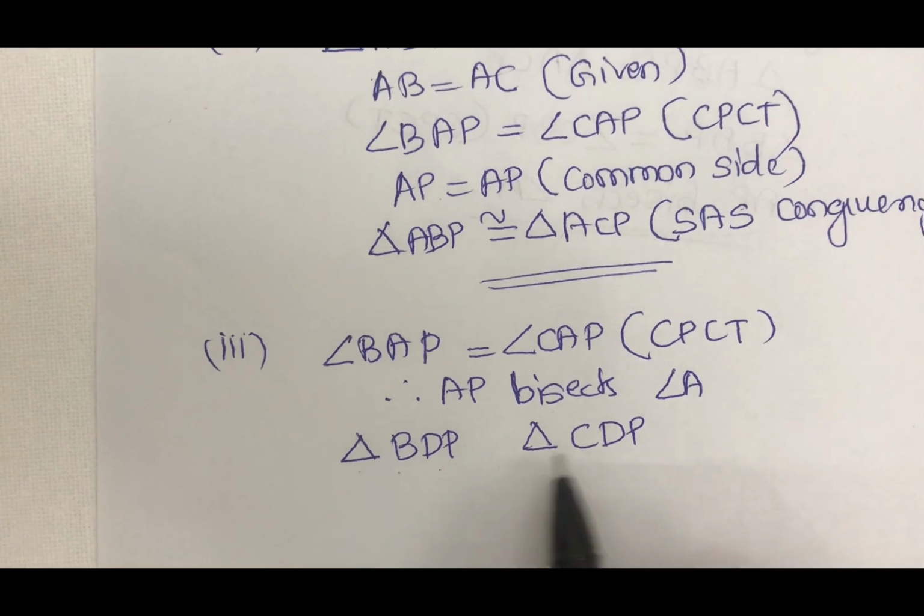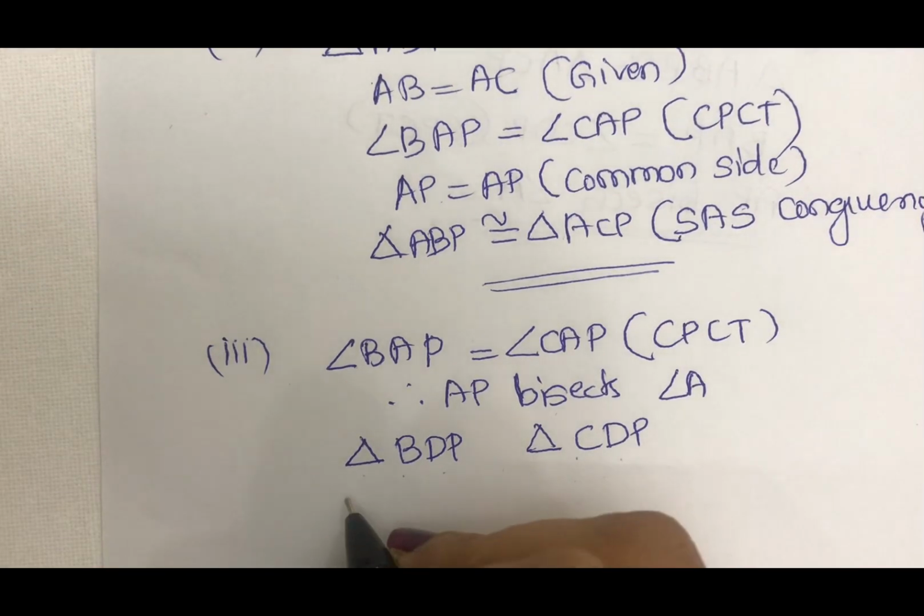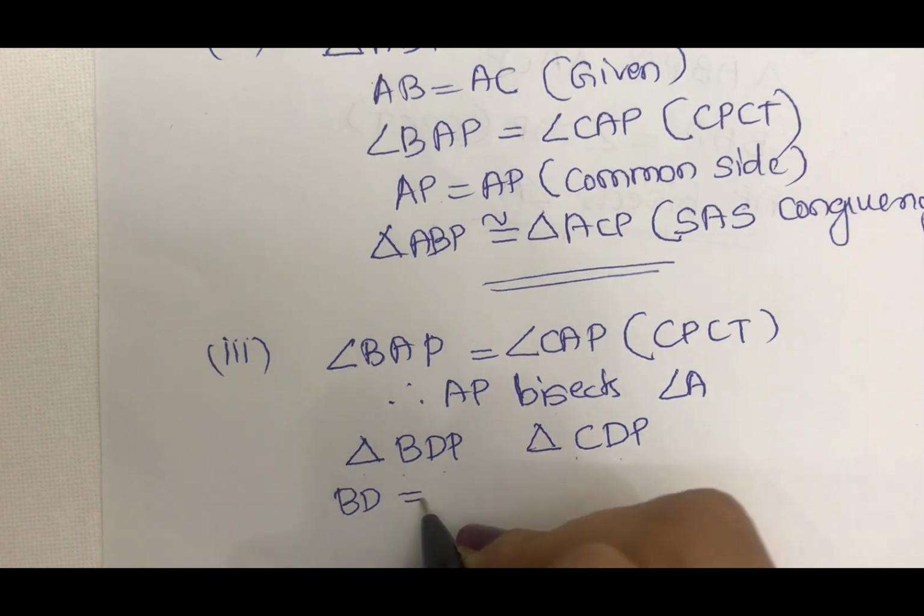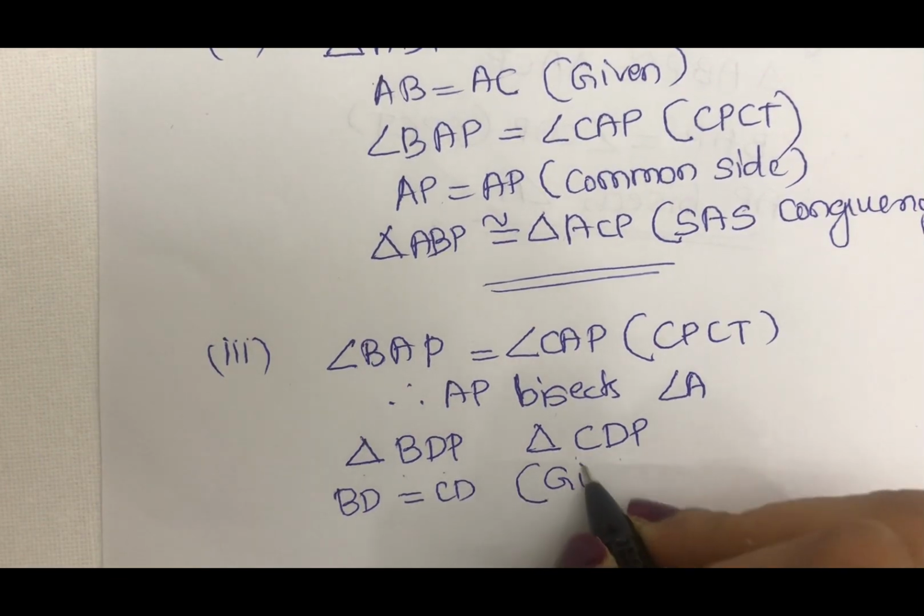In triangles BDP and CDP, BD equal to CD, given.